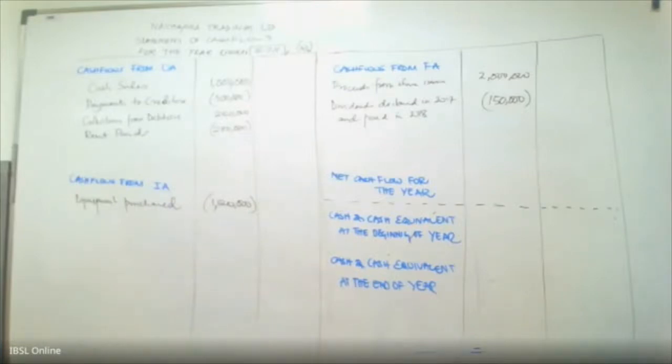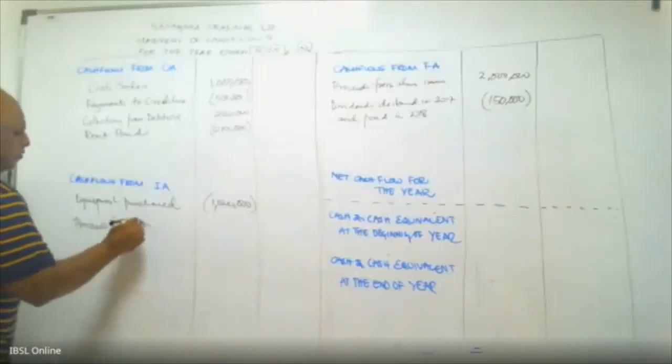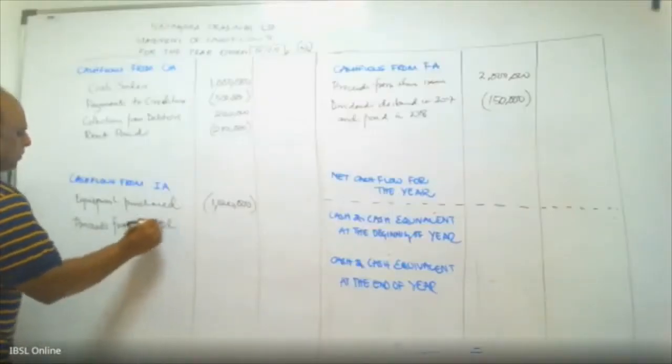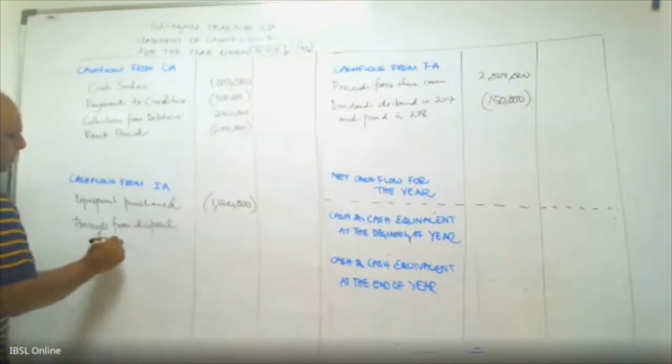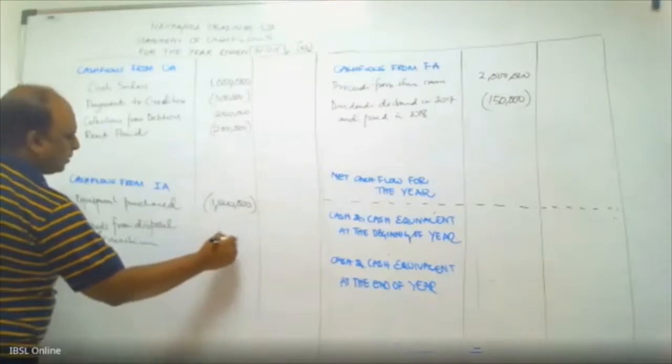Now here they have given straight away the proceeds from disposal as 300,000. So what type of activity is it? It is investing. Proceeds from disposal of machinery, that's a cash inflow.